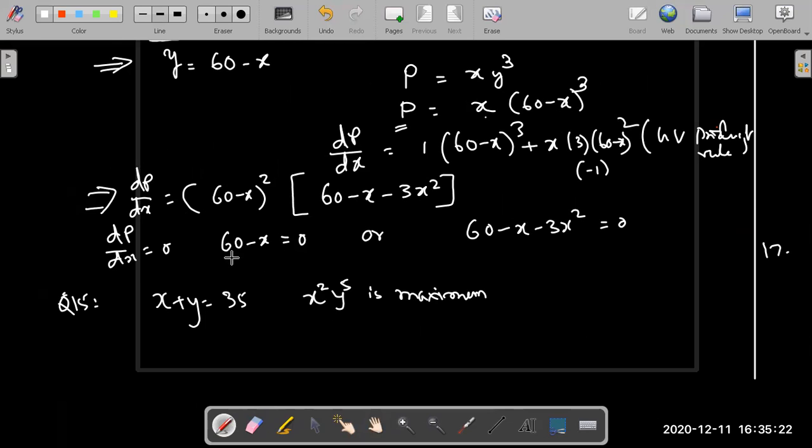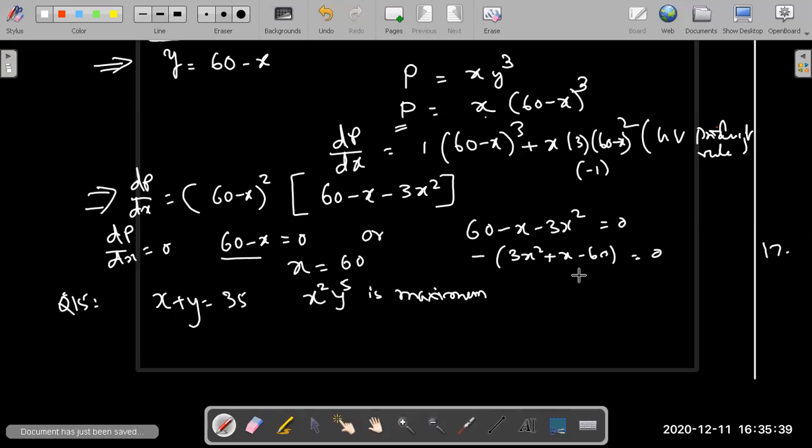So when I equate this, I get x equal to 60. Or now I have to solve this: minus 3x squared plus x minus 60 equal to 0. By the formula method you can try, or by factorization you can try.